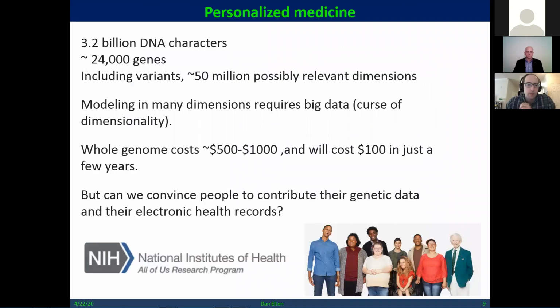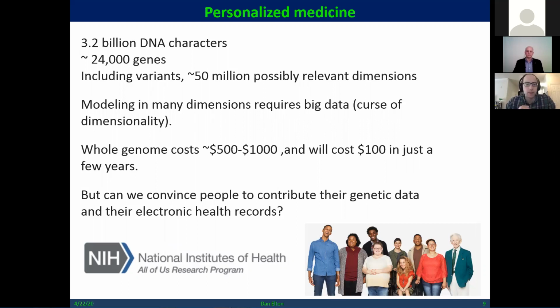Yeah, so I know my time is limited here, but I also have a slide here on personalized medicine, because that's a whole other area. The cost of doing a DNA sequence is coming down a lot, and so there's a lot of work seeing if we can predict health outcomes from DNA sequences.